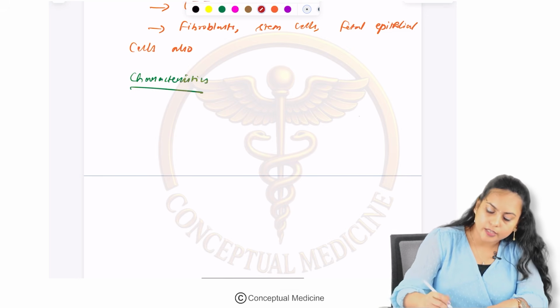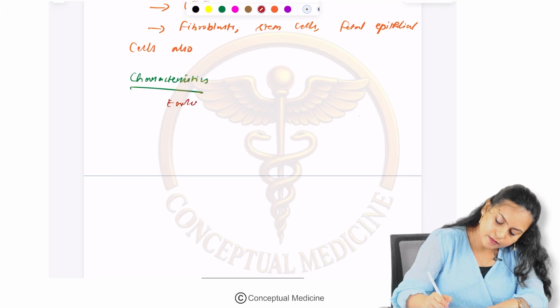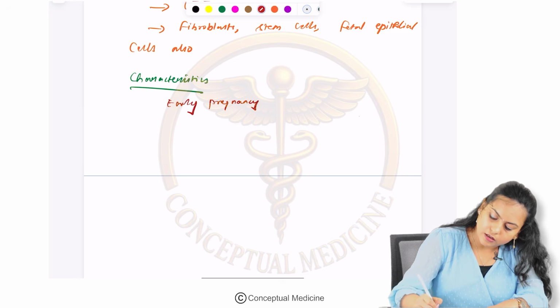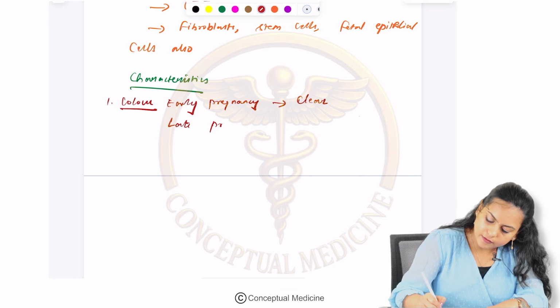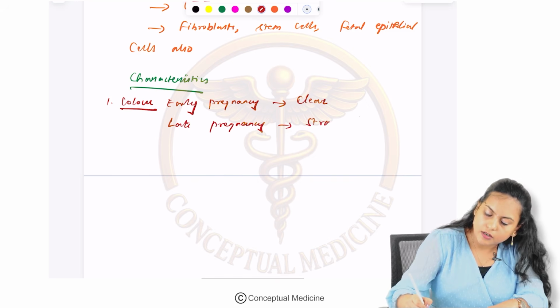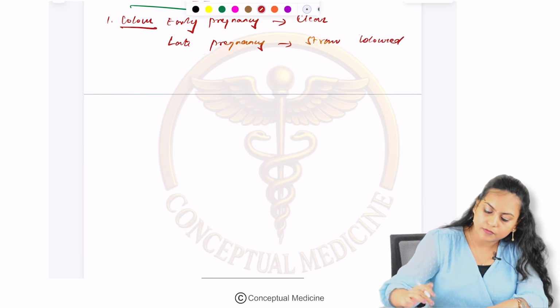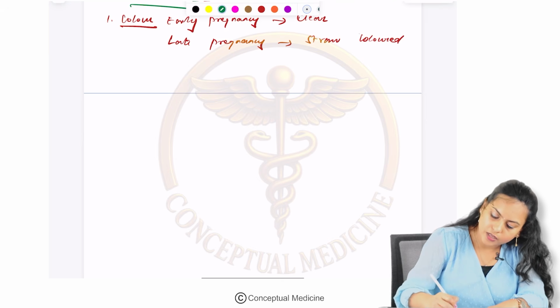Basically, amniotic fluid in early pregnancy is clear in color, whereas in late pregnancy this becomes a straw color. We'll see some pathologies also.